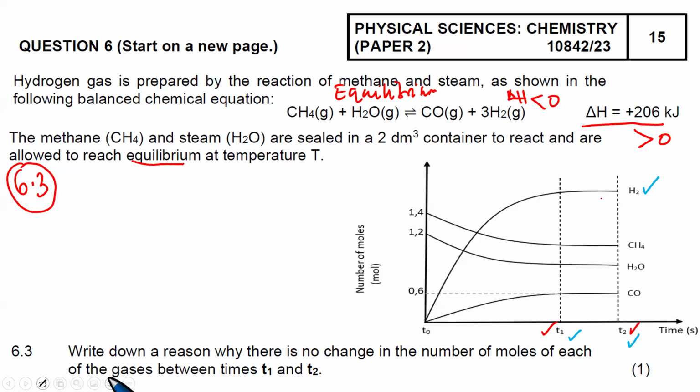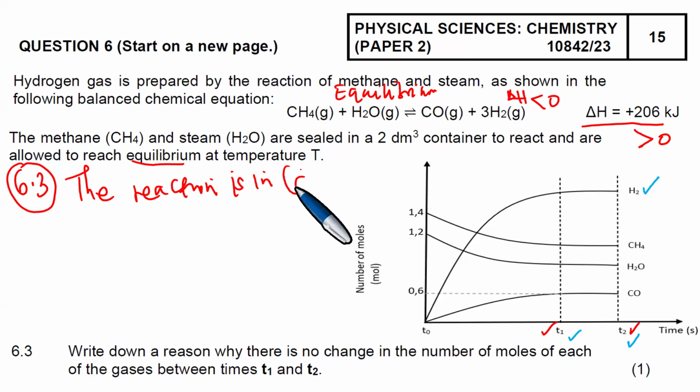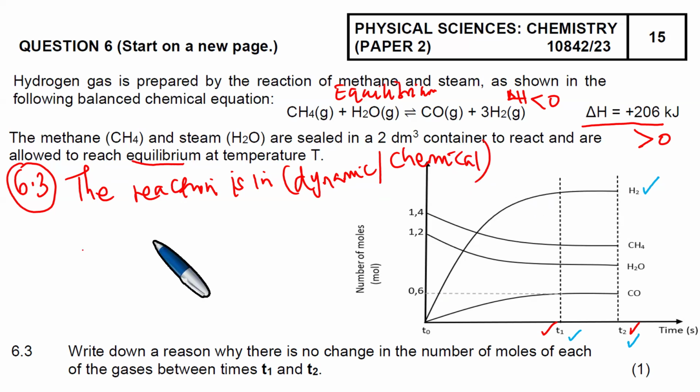Why are the graphs level? Why are they not increasing from time 1 to time 2? This is the reason. The reason for the level graphs when you're studying reactions in equilibrium is because the reaction is in dynamic or chemical equilibrium.